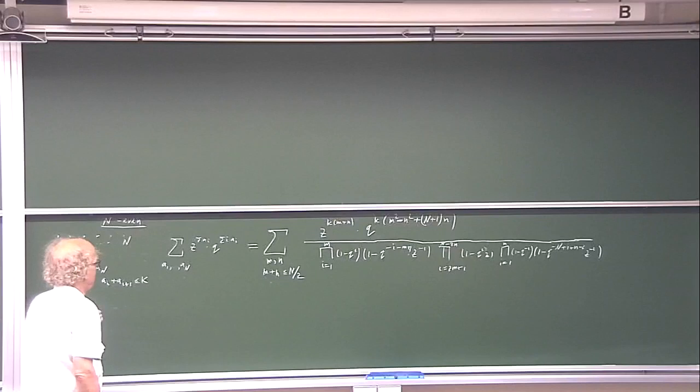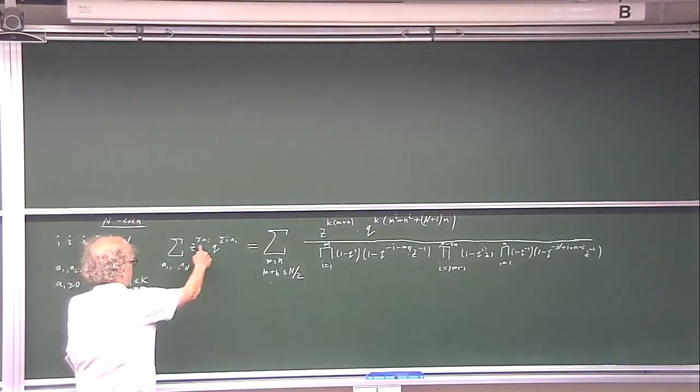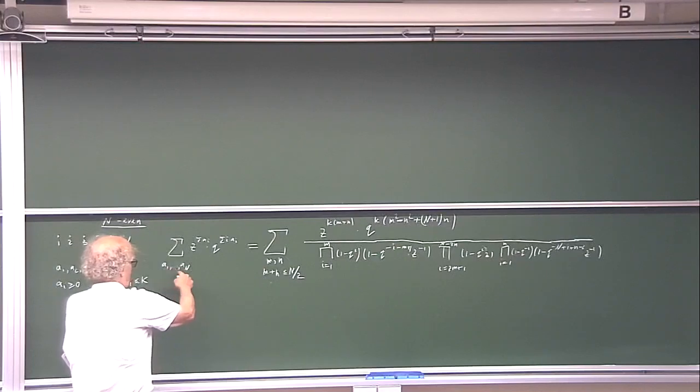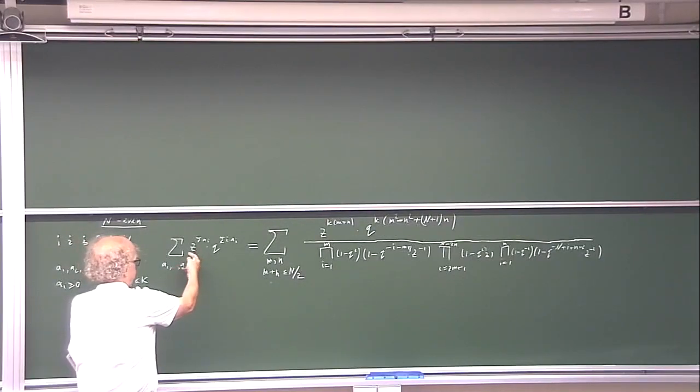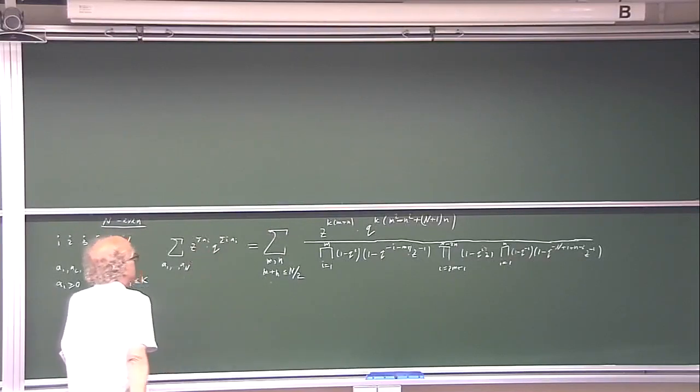On this polytope I have a function, which I calculate on the integer points of this polytope, but it is a sort of discrete integral. So this function depends on z and q, and it is here.